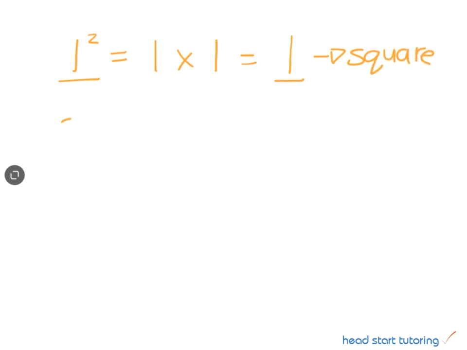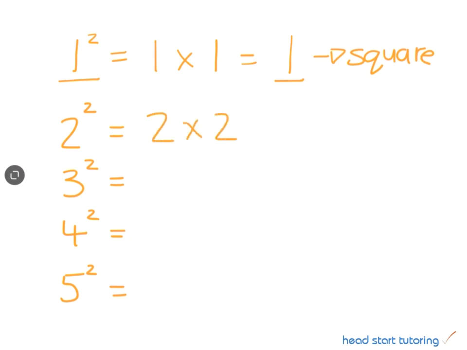If we then go on to look at the first 5 square numbers, we will see 2 to the power of 2 is 2 times 2. 3 to the power of 2 is 3 times 3. 4 to the power of 2, 4 times 4. 5 to the power of 2 is 5 times 5.